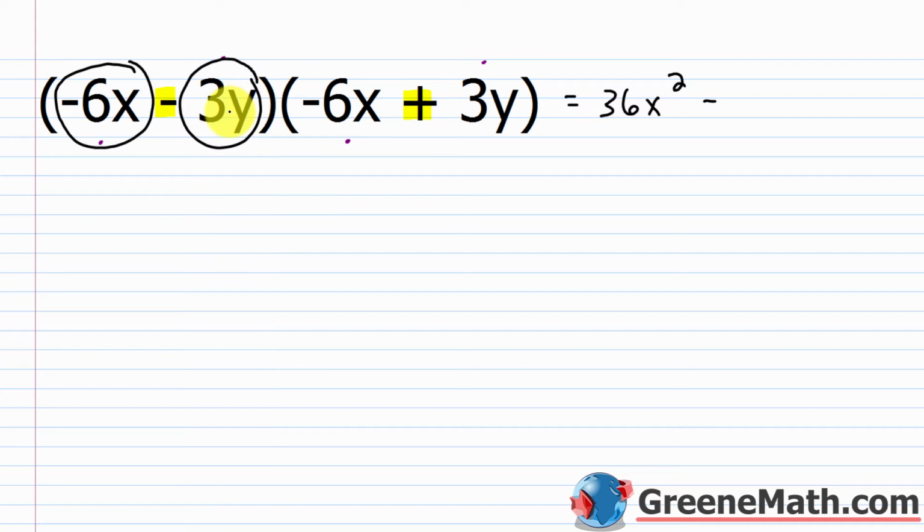It's 3y. Again, when we think about what's in the second position, I never think about the sign. I just think about this right here. So 3y. If I squared 3, I'd get 9. If I squared y, I'd have y squared. And boom, there's my answer. 36x squared minus 9y squared. Just that quick. But again, on this one, kind of the trap is to make sure that you include the sign when you think about that first term.